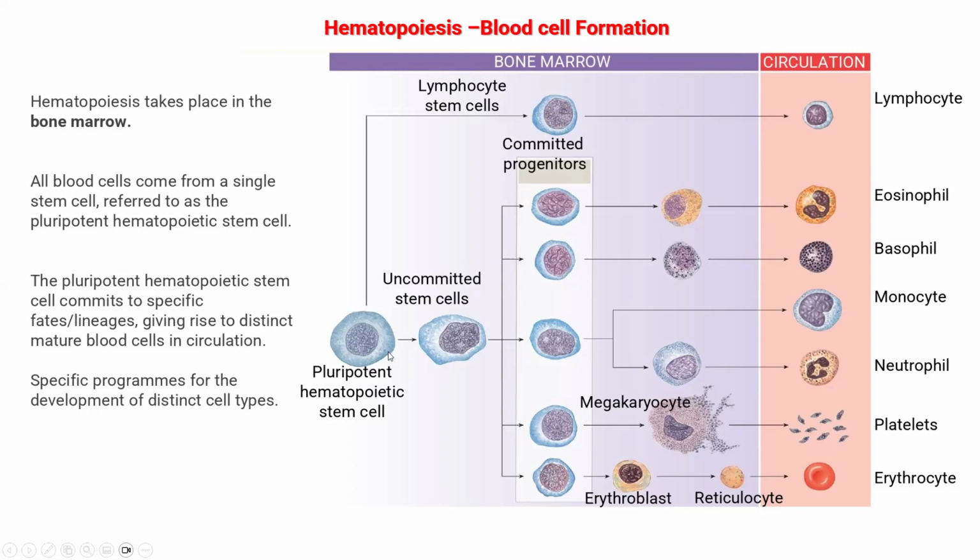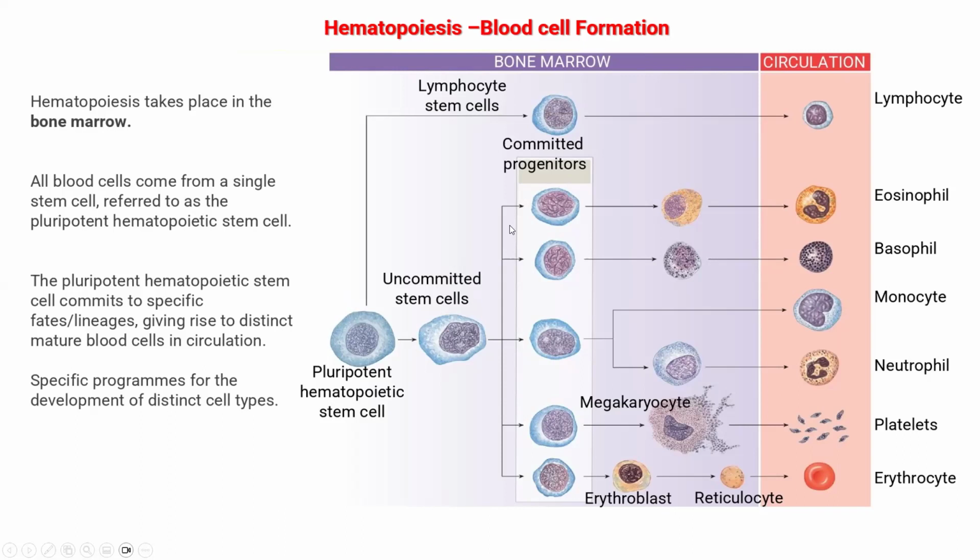So this is the main one, and from it comes another cell, the uncommitted stem cells. And from uncommitted stem cells, we will have different lineages going on, different stages of maturation of these cells. So the lymphocyte stem cell will result in the development of lymphocytes.